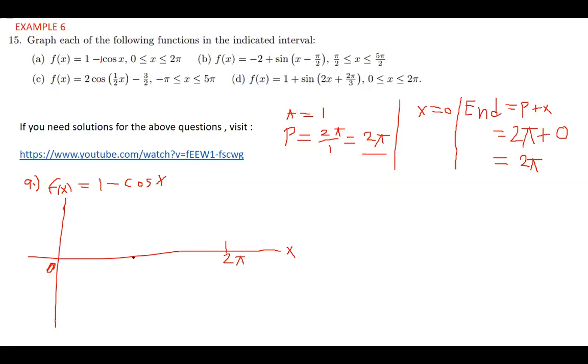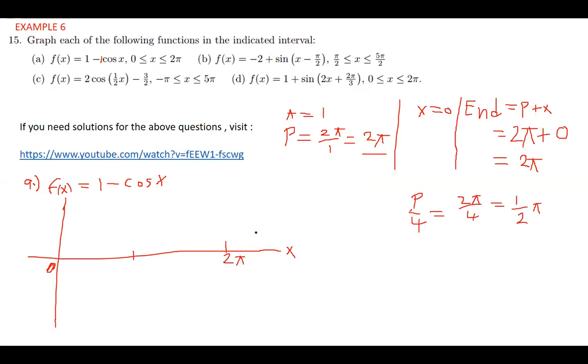If you want, you can say the half of 2 pi is pi. Or maybe let me show you the one I've just been using from the beginning. I'm going to divide my period by 4. So 2 pi over 4 will be nothing but 1 over 2 pi.